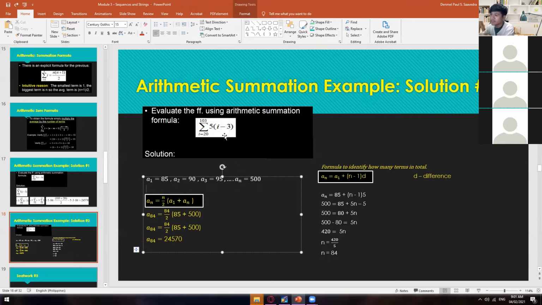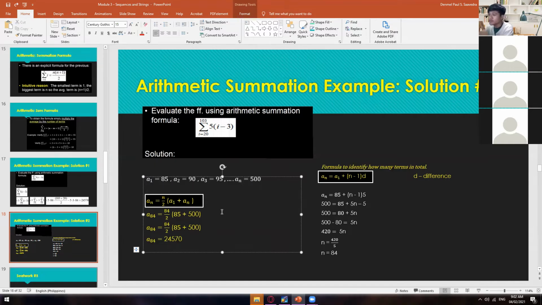As you can see right here, the maximum number is 103. So 103 minus 3 is 100, times 5 is 500. So that is our given sequence: 85, 90, 95, up to 500.